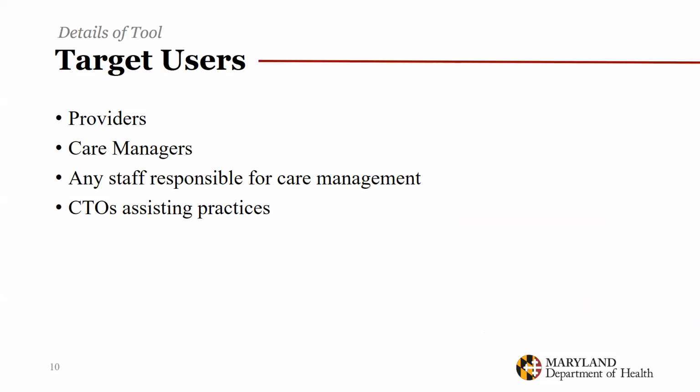So those scores are really meant for a broad array of users. We hope that providers and care managers and anyone who is assisting in that care management, CTOs, can use that tool.